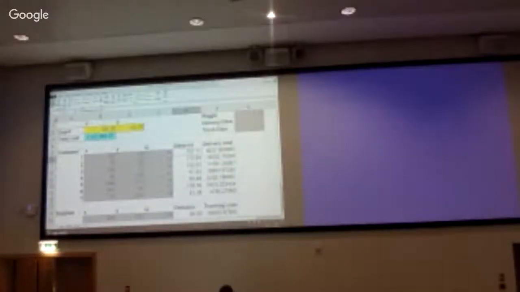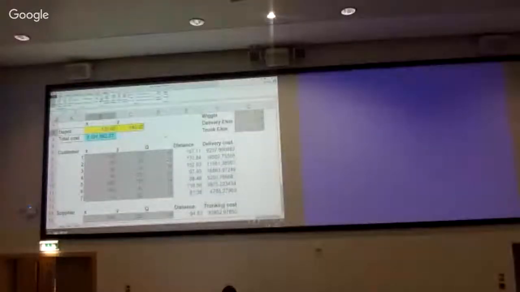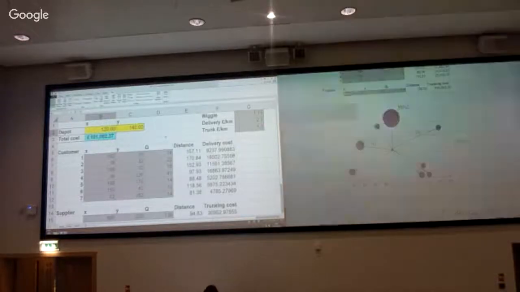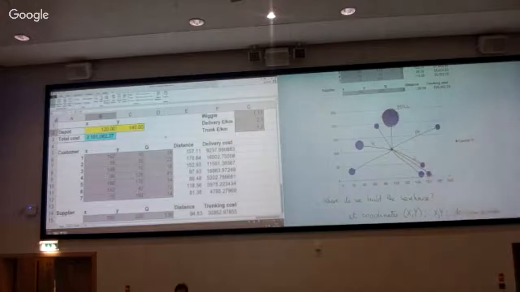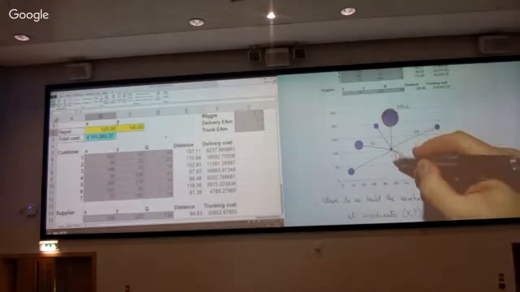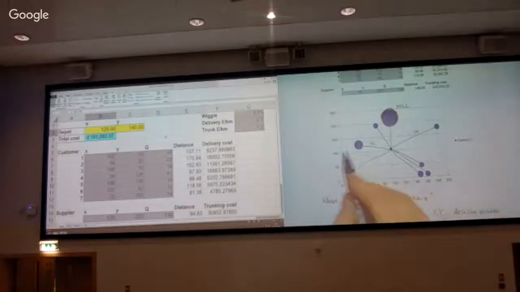And the thing is, when I change the coordinates, when I look at the map, this was my guess, the dot here. So I put the dot there. It's about 100. Y is also about 100.